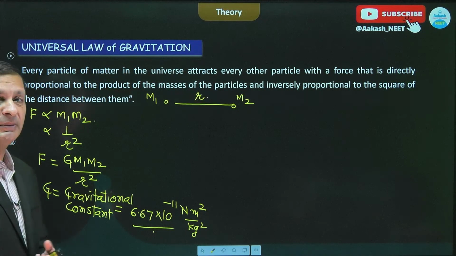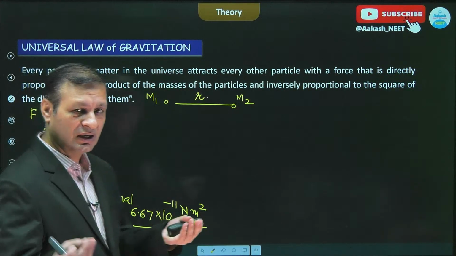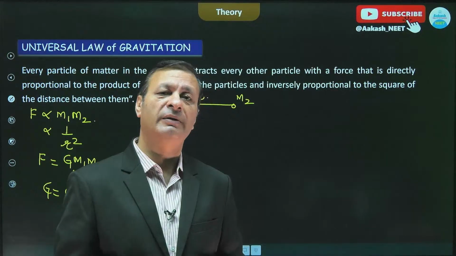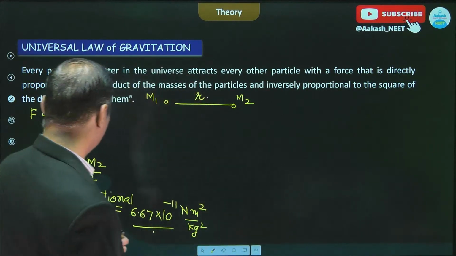And this is the mathematical form for Newton's law. Any doubt?